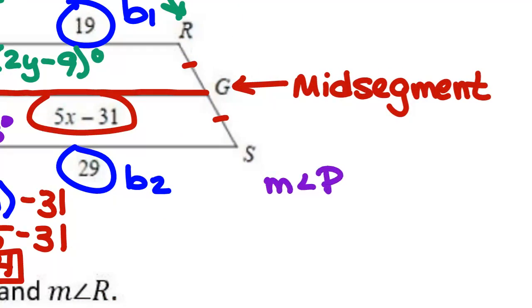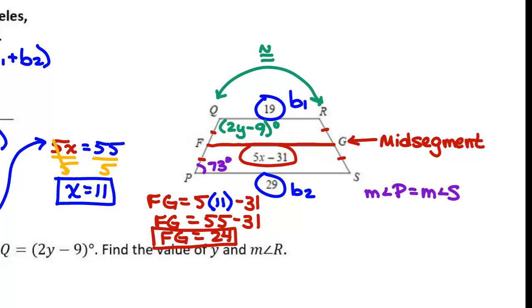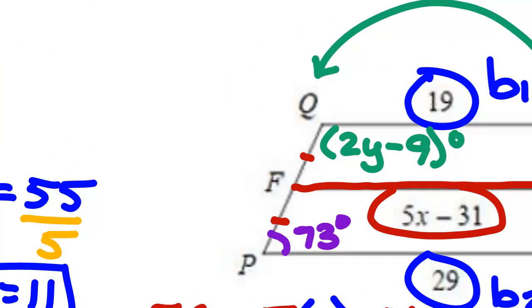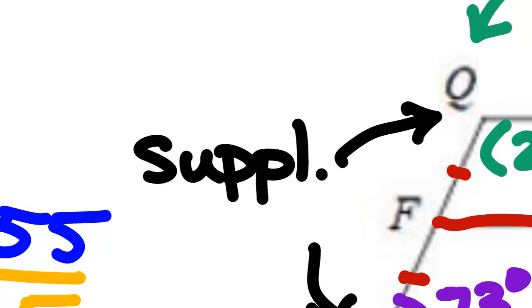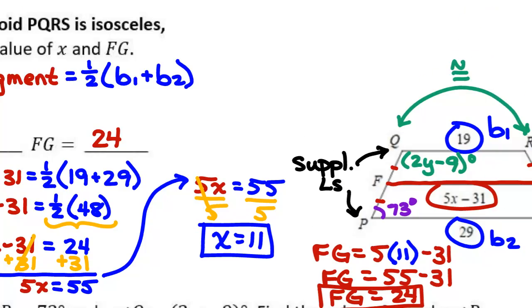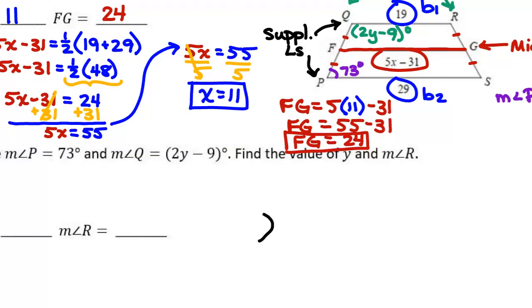Measurement of angle P is equal to the measurement of angle S. But then also my non-base angles, like P and Q here, these are supplementary angles. So the measure of angle P plus the measure of angle Q equals 180.